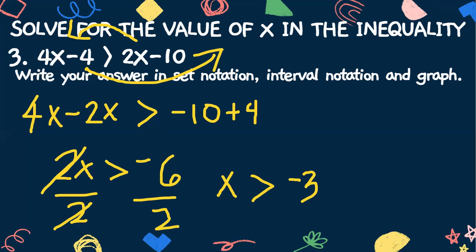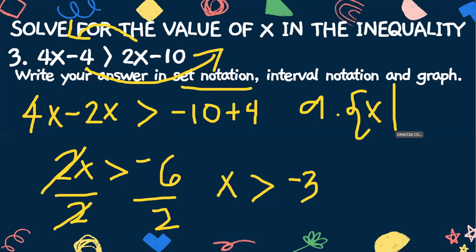When it is greater than, our set notation is x such that x is greater than negative 3. So that is our set notation. How about interval notation?